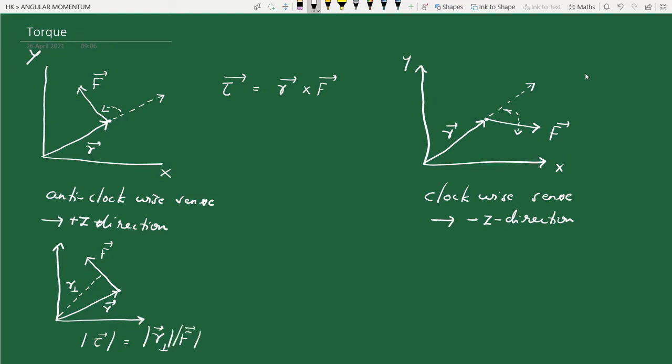So this is one way of writing. Take the perpendicular distance from the origin to the direction of the force, and the magnitude of the torque is magnitude of r perpendicular and magnitude of the force.